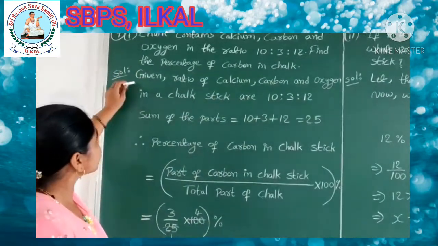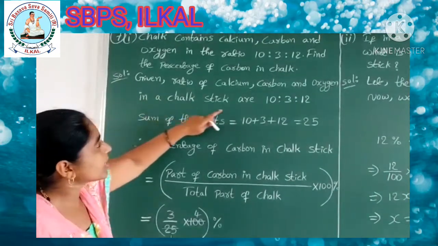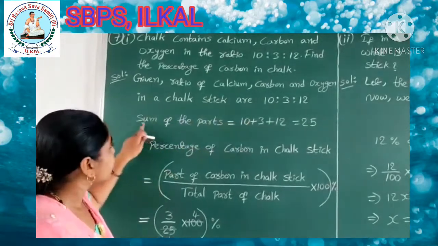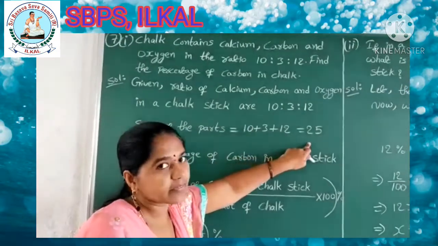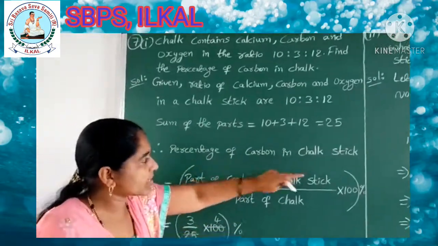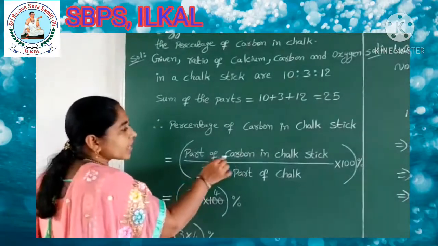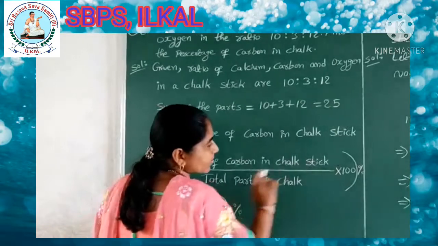The given ratio of calcium, carbon and oxygen in a chalk stick is 10:3:12. Sum of the parts is equal to 10 plus 3 plus 12, which is equal to 25. Therefore, percentage of carbon in chalk stick is equal to part of carbon in chalk stick divided by total parts of chalk into 100.